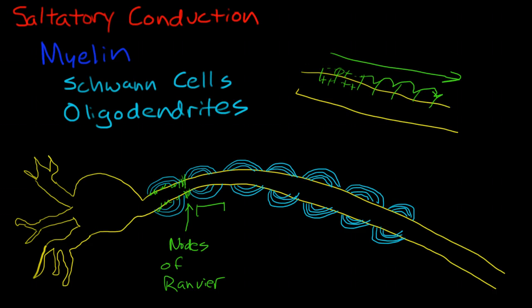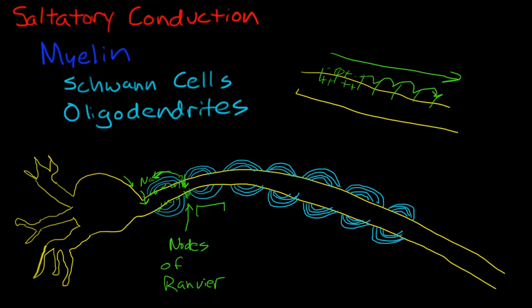Okay, so what happens is the sodium ions can't get into any of these areas, but because a bunch of voltage-gated sodium channels opened up here, a whole bunch of sodium rushed in. Now, the sodium has to come from somewhere, so it comes from this direction, this direction, a little bit from this direction. But enough of the sodium gets pulled along the edge of the myelin sheath that it changes the voltage polarity of this area here, and that opens up the sodium gates.